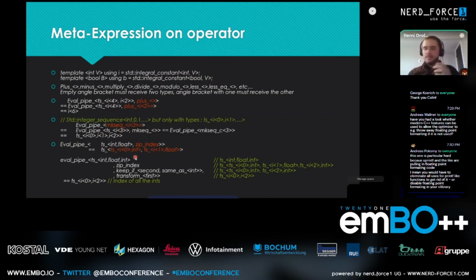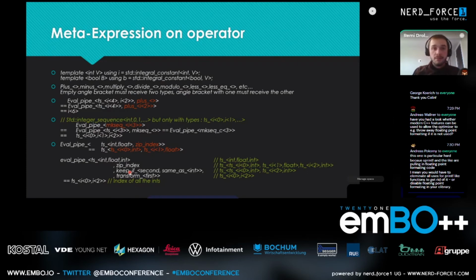So, for example, this is a little bit more complex as a meta expression, but I want to evaluate TS of int float int. I want a zip index. Okay, so at this point I have int float int, and then with the zip index I have basically every single type with its index.